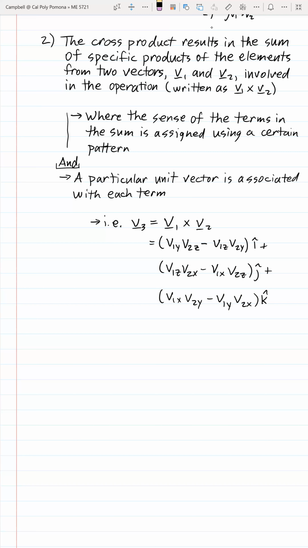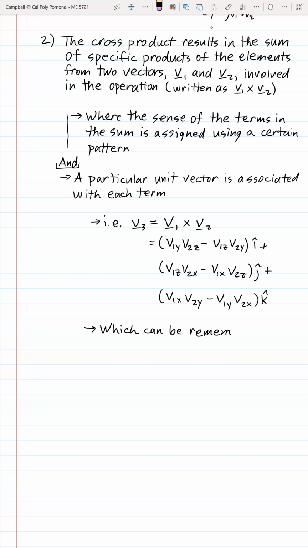Now there are, as I indicated, a number of different ways of remembering that order for those of us that don't have photographic memory, which is probably most of us. So let me give you a way you can remember that relatively easily.